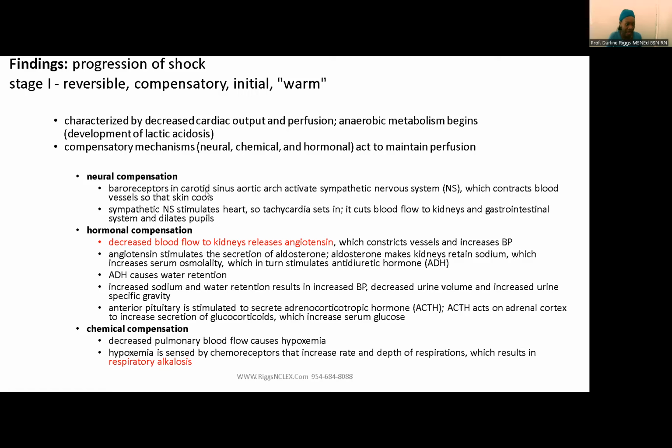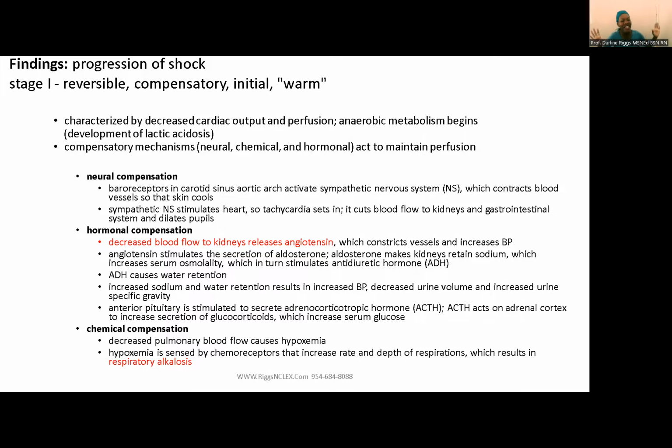Hormonal also kicks in. So you're going to get a decreased blood flow to the kidneys, releasing angiotensin, which we just talked about. You see how this is all connected. So that's going to constrict vessels, and that's going to increase blood pressure. We just talked about your blood pressure going up due to an increase in angiotensin, and we talked about your antihypertensive that comes in and blocks that to lower your blood pressure.